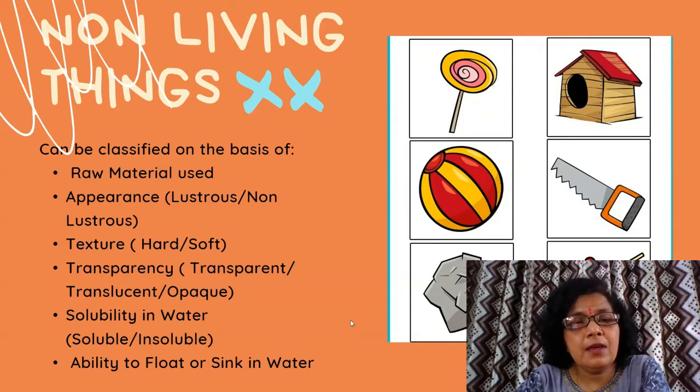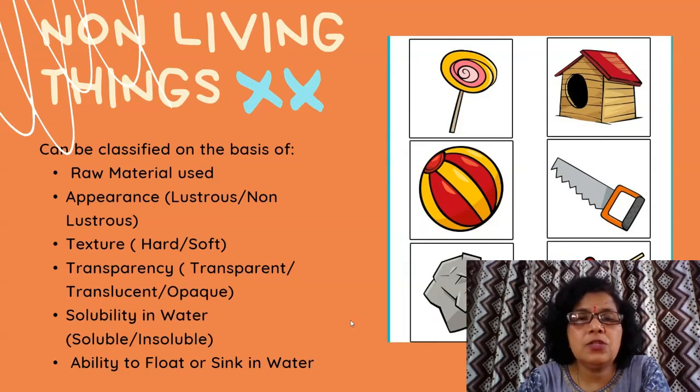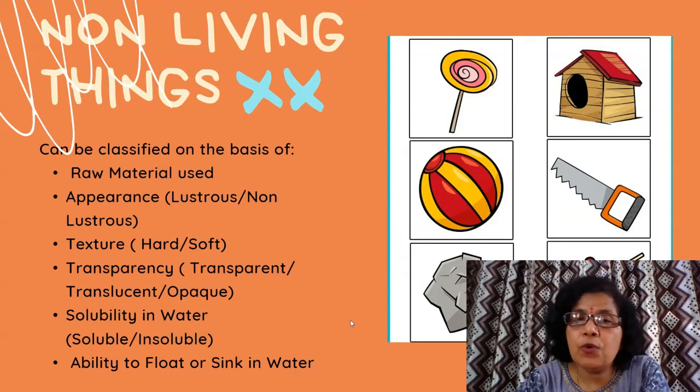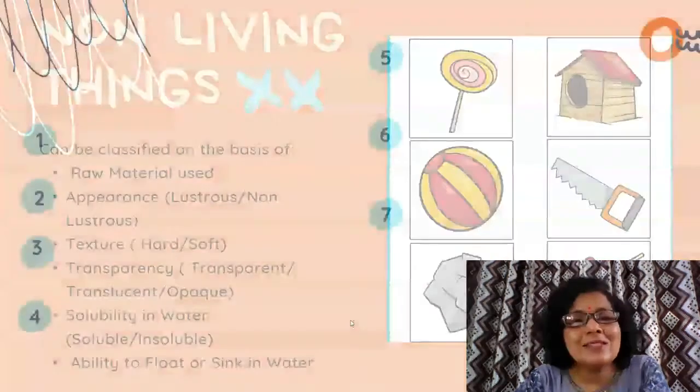We can classify on the basis of raw material used, appearance, that is lustrous, non-lustrous, texture, that is hard, soft, transparency, whether object is transparent, translucent or opaque, solubility in water, whether it is soluble in water or insoluble in water, ability to float or sink in water, whether it will float in water or it will sink.